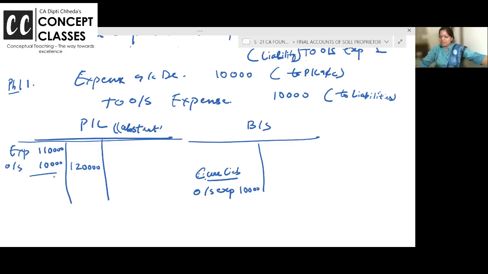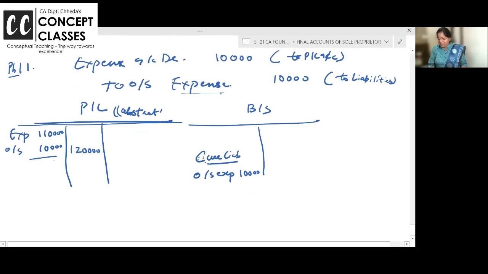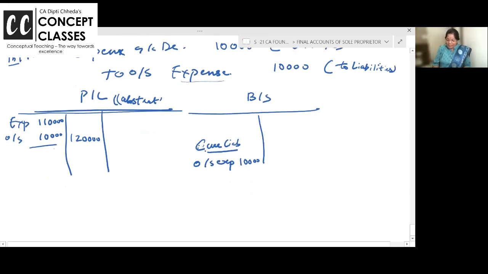You know, dear students, there are two effects. If outstanding expenses appear in the trial balance, what does it mean? Expenses are already debited. It will come only on the liability side.